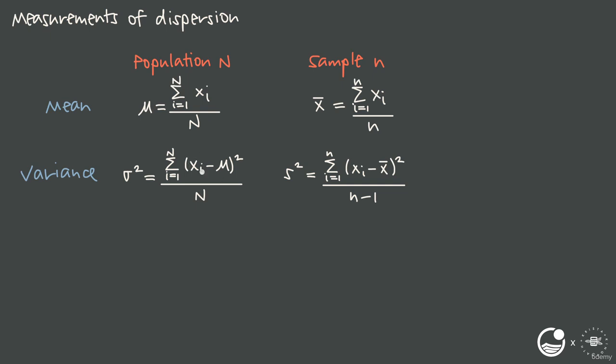And of course, once we find that deviation, then we square it. So this whole quantity, x sub i minus mu squared, we say that is the squared deviation. And then this notation here just tells us to add up all of the squared deviations, and then we're dividing by the number of subjects in the population, capital N. Adding up all of the squared deviations and then dividing by the number of squared deviations, that's just like what we did when we took the mean.